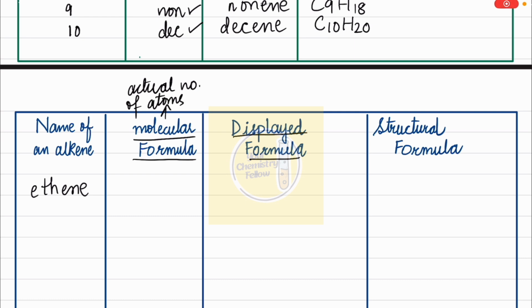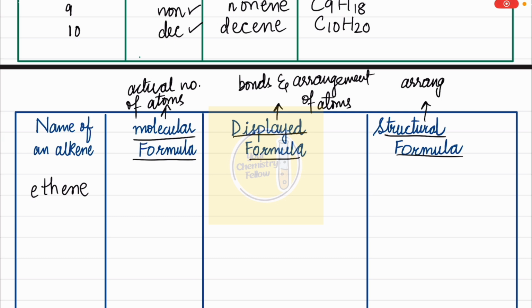The displayed formula or the full structural formula tells us about the bonds and the arrangement of atoms in a compound, whereas the structural formula tells us about the arrangement of atoms in a compound.